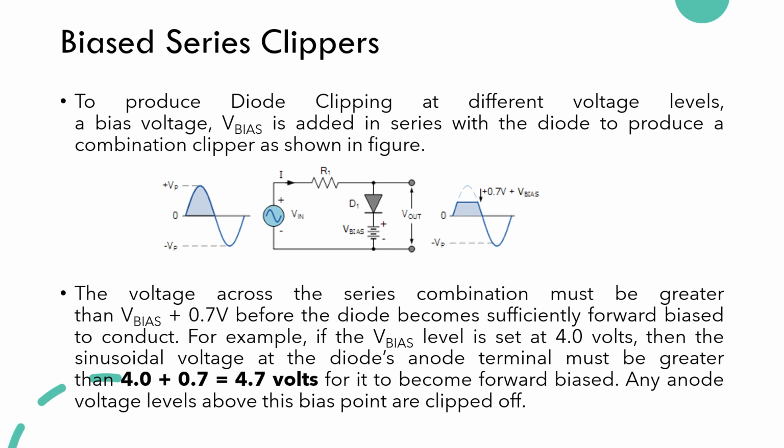Any anode voltage levels above this bias point are clipped off. In biased series clippers, any voltage levels above this bias point are clipped off.